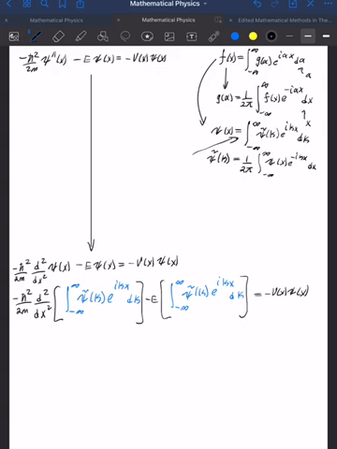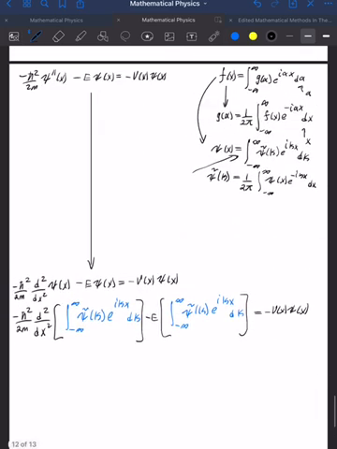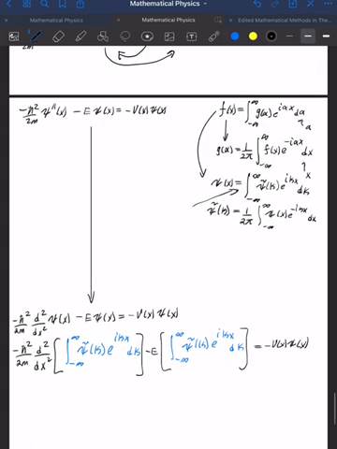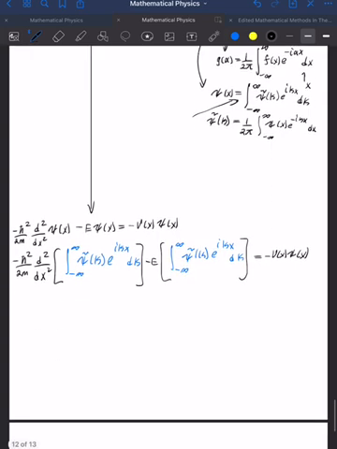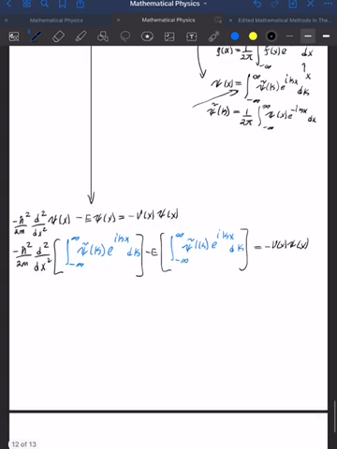And you might be wondering why I didn't replace psi of x for its corresponding integral on the right-hand side of this equation. I will explain that now. What we're going to do is replace v of x times psi of x on the right-hand side of this equation, but we're not going to replace just psi of x with its corresponding integral.